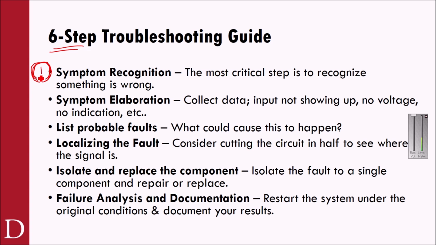Highlight this in your notes, it is symptom recognition. The ability to recognize something that is wrong is the most important. I don't know how many times we've seen operators continue to operate a system, or override a limit switch, or do some sort of cheater method to keep the machine working.